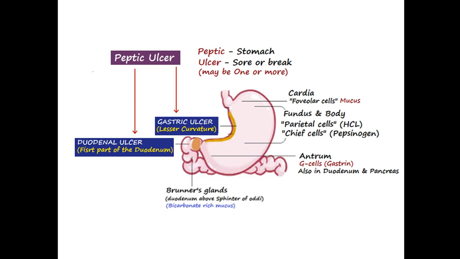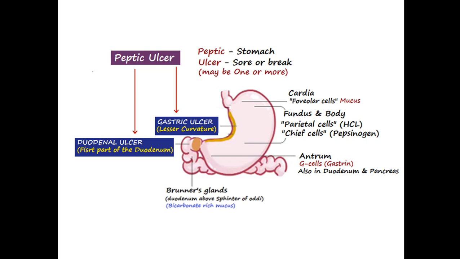In the first part of the duodenum, the Brunner's glands are located, and these glands secrete mucus which is rich in bicarbonate, and this gives an additional protection to the duodenal mucosa and to the gastric mucosa.